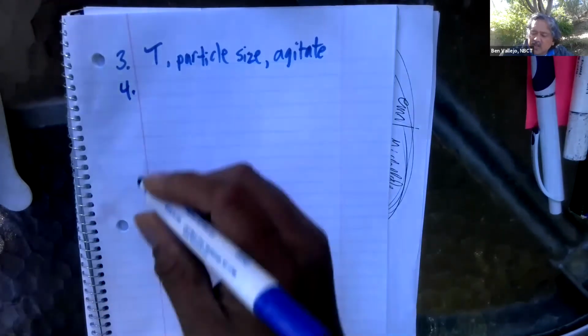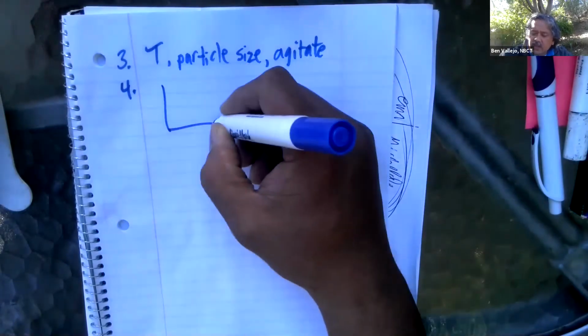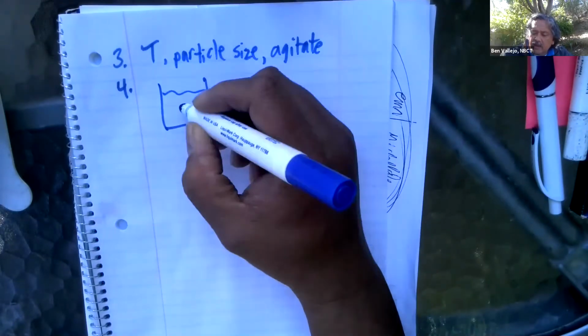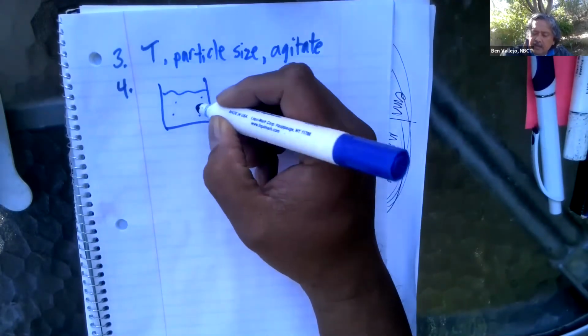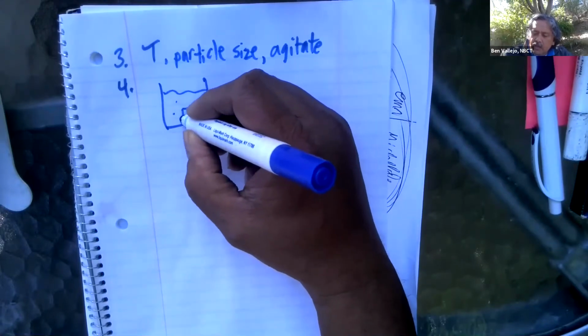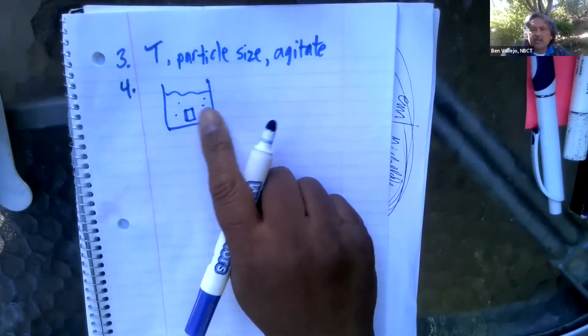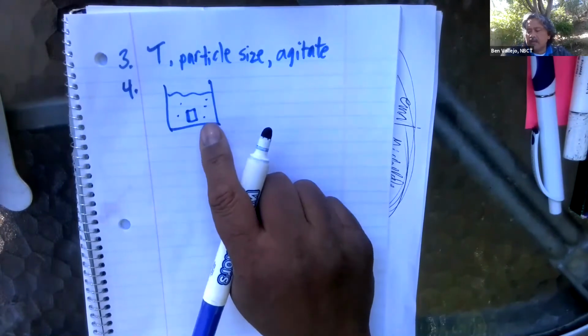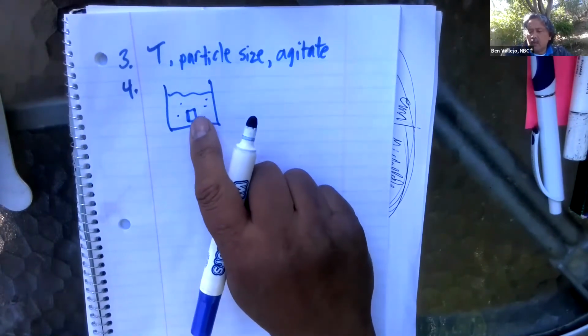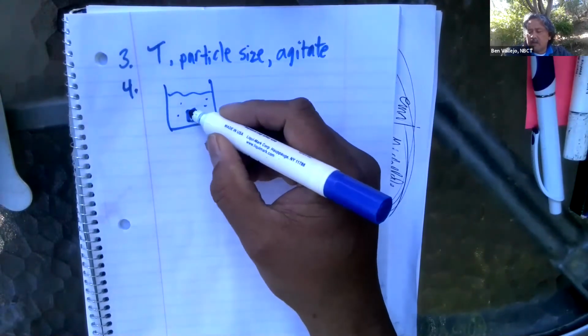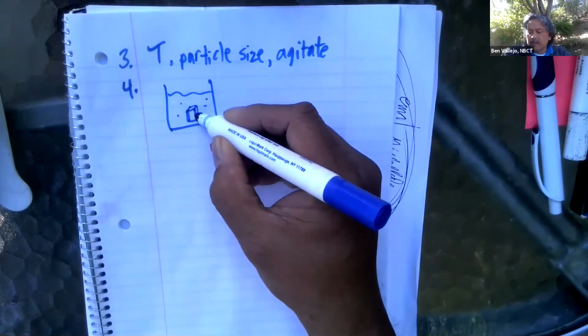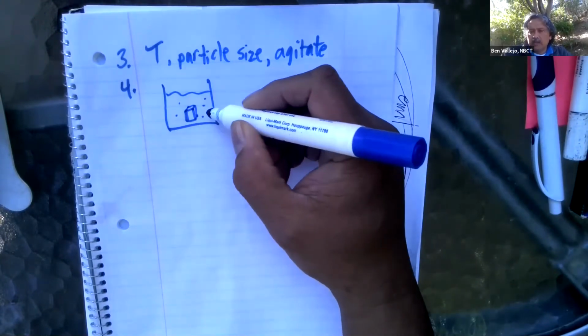Well, it's a saturated solution that contains undissolved solute. So you have a solution with stuff dissolved in it, but then you have some chunks. Why don't those chunks go into the solution? It's because this is already saturated. So no more stuff from the solid, whatever this chemical is, can go into solution.